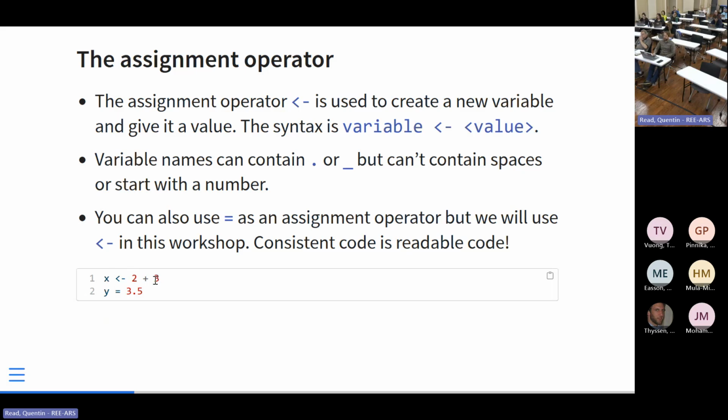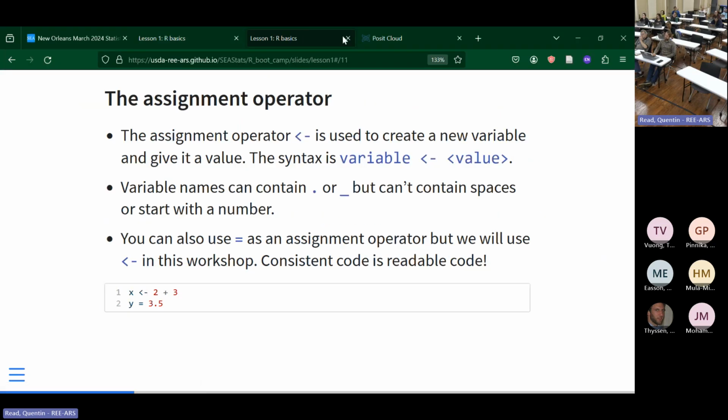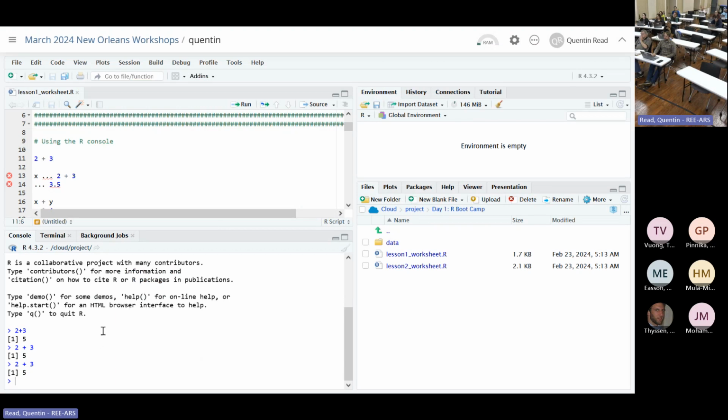Let's say we want to take our 2 plus 3, and instead of just printing that output, we want to make a variable called X that we'll use later with the result of that computation. In place of these blanks on line 13, we make our arrow, less than and hyphen.